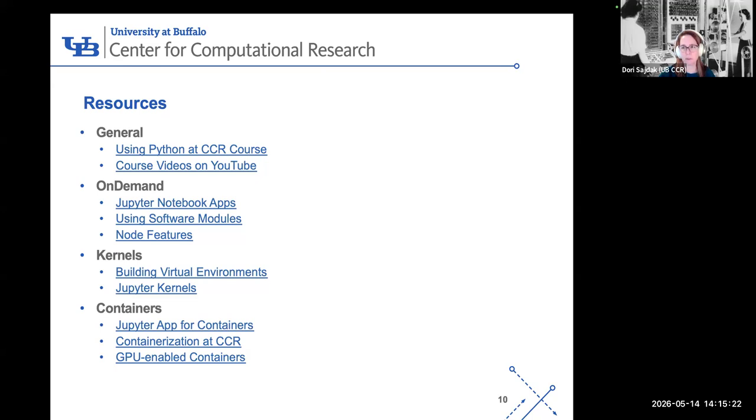Within the links that I posted here in chat, if you go to the containers documentation, we have a lot of information about just generally using containers on our systems, but we also have some pointers on, instead of building your own containers, making use of those that are already available. And probably the biggest repository for software in an HPC environment would be the NVIDIA containers library, which Anton mentioned.